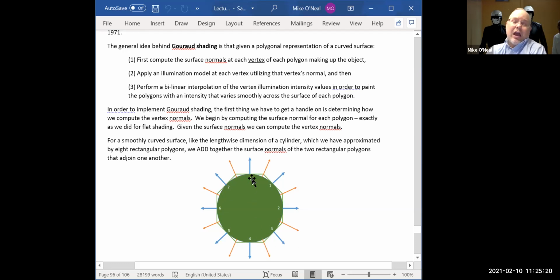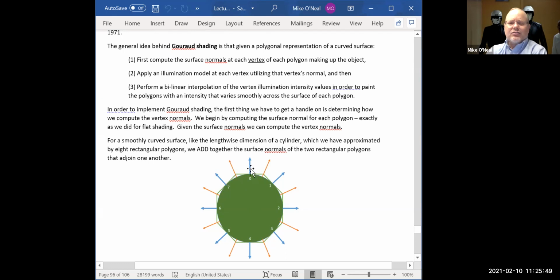Now, how am I going to figure out what this surface normal is? I didn't compute it directly, but if I've got the surface normals for the adjoining polygons, I can add these surface normals together, and then I've got to normalize, but I can add them together, and that will give me the surface normal at the vertex, this vertex normal.